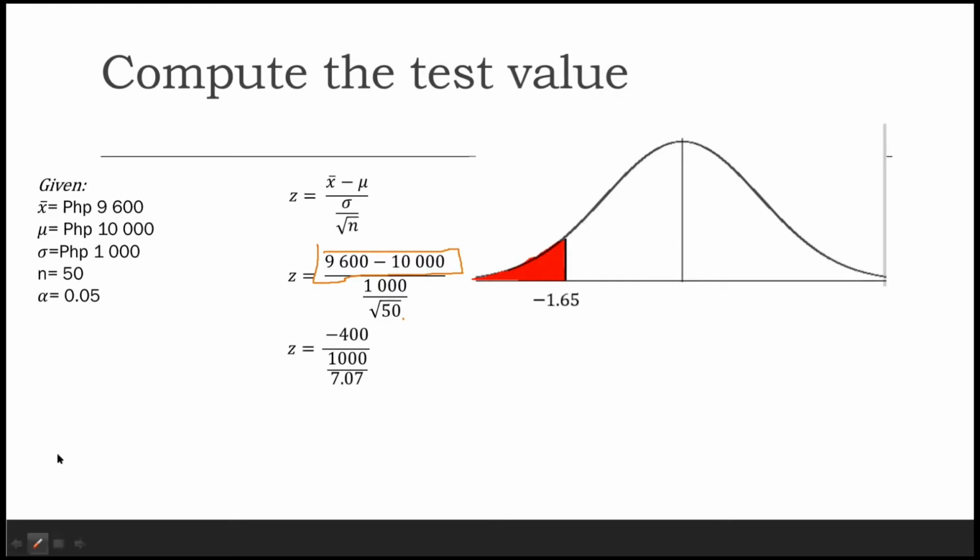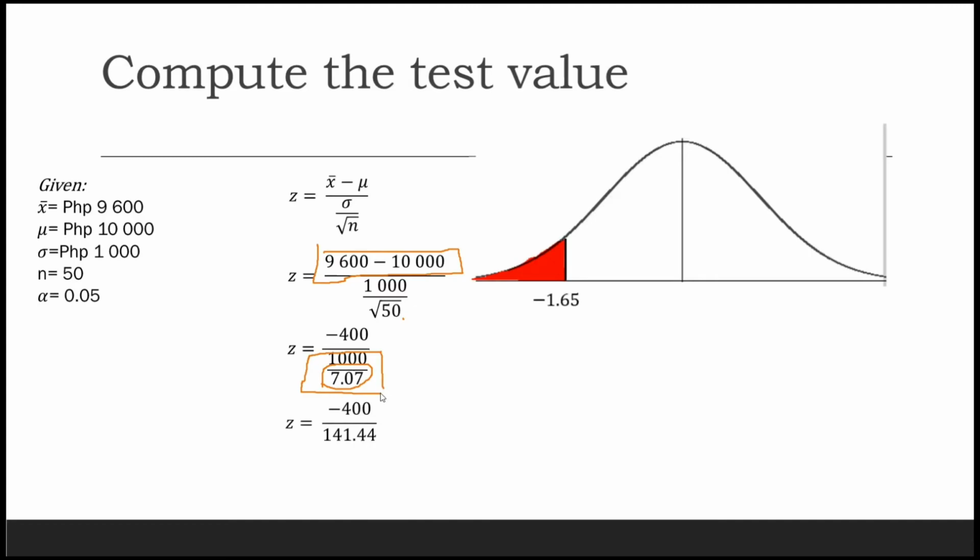So, yung sagot po natin dito ay madaming decimal, but you can round off up to 2 decimal places. So, negative 400 over 1,000 divided by 7.07. So, ang gagawin natin is to solve this denominator, which is 1,000 divided by 7.07 is equal to 141.44.